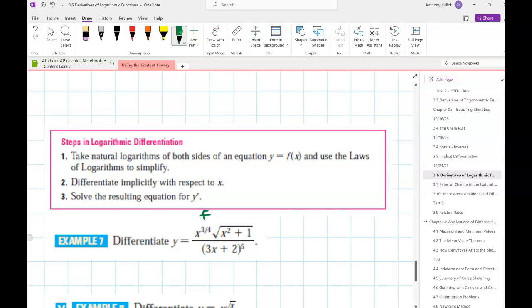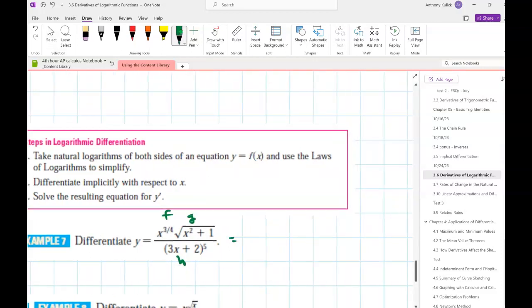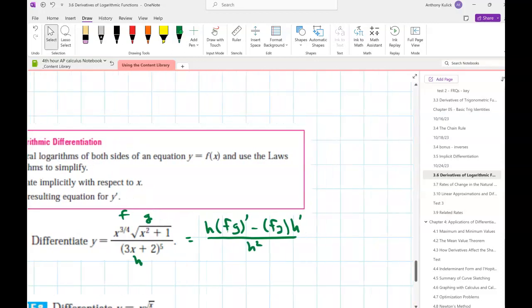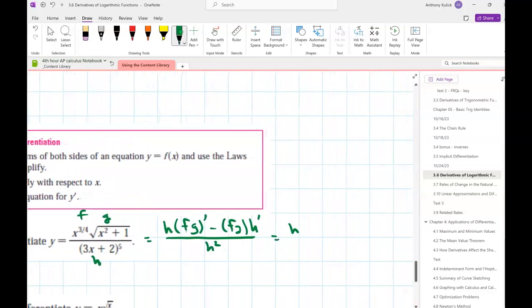If I call this F, G, and H, this is going to be H times the derivative of FG minus FG times the derivative of H over H squared. And that's going to be H times F times the derivative of G plus the derivative of F times G.